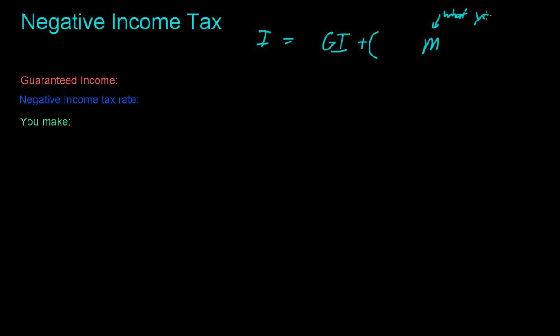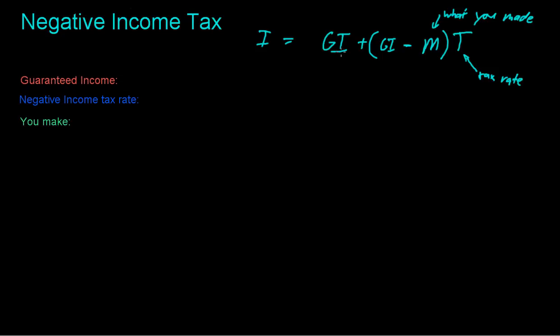What you made. Then we take the guaranteed income and subtract that, and multiply that entire thing by the tax rate. T here is the tax rate, and GI is guaranteed income.